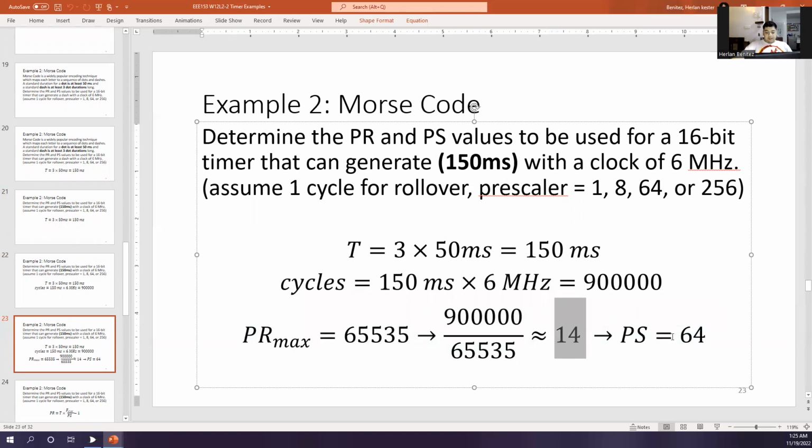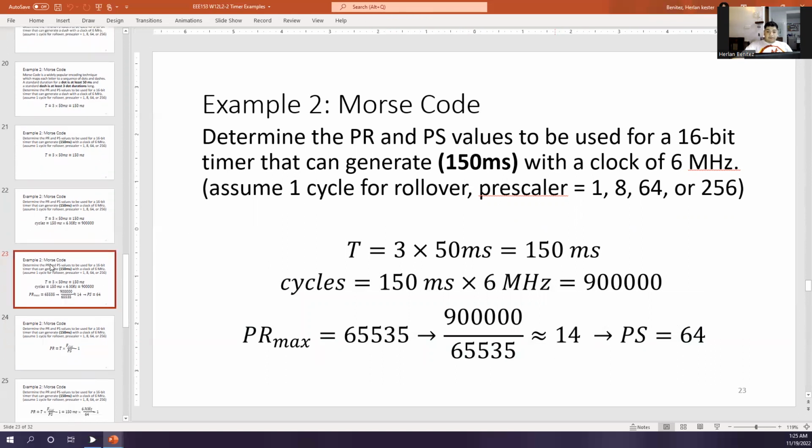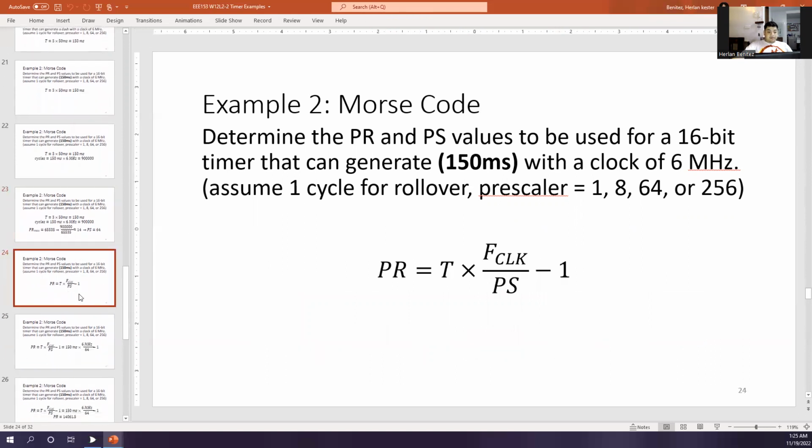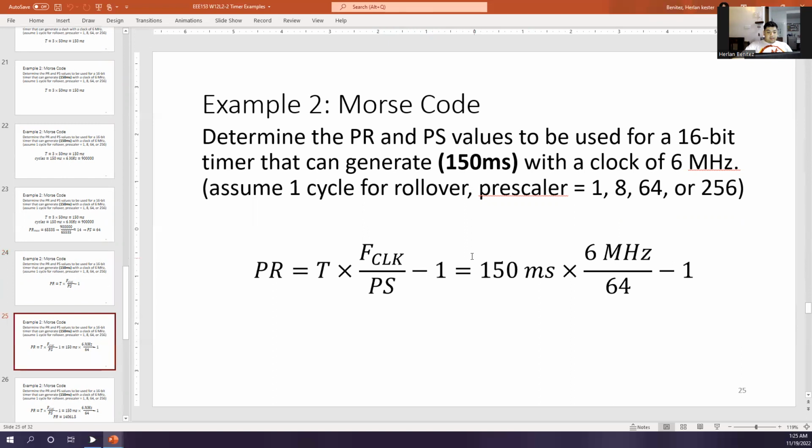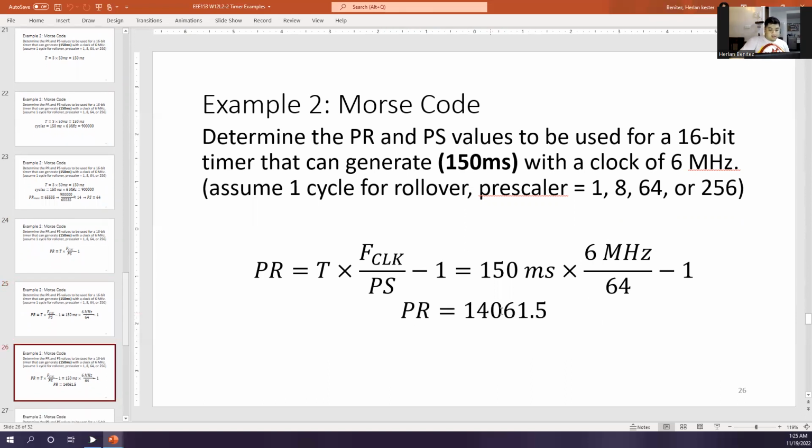So, we use yung prescaler na 64. Using yung prescaler value na 64 with calculating yung period register natin, we get 150 milliseconds times 6 megahertz over 64 minus 1.